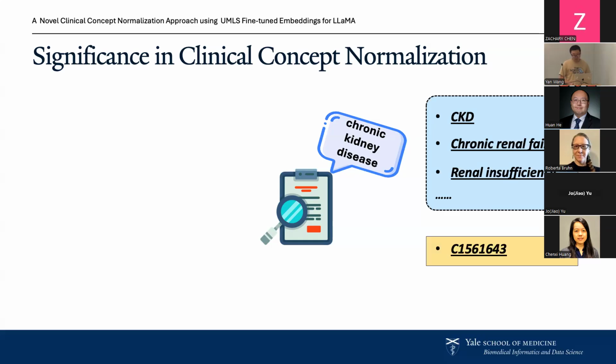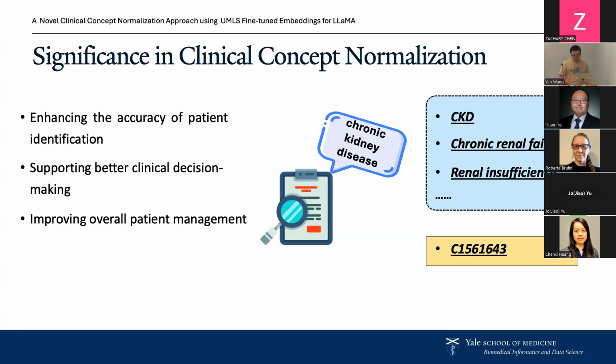However, if we use a standardized identifier like the UMLS code, it can simplify this process, ensuring more reliable and consistent detection of CKD across patient records. So developing high-performance concept normalization algorithms to mitigate the negative impact of the variation issue is of great interest to the clinical field. It not only enhances the accuracy of patient identification, but also supports better clinical decision-making and improves overall patient management.